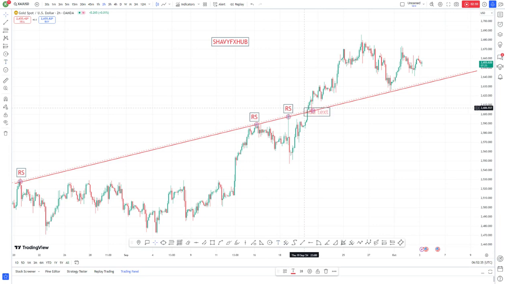We'll have a breakout here, BO, after establishing an ascending resistance structure.